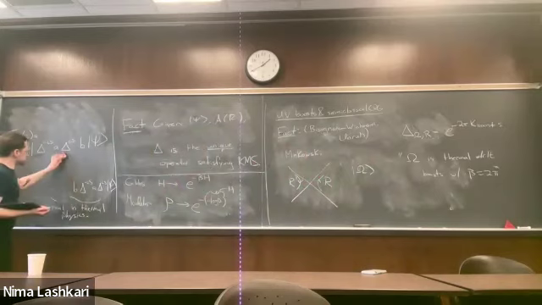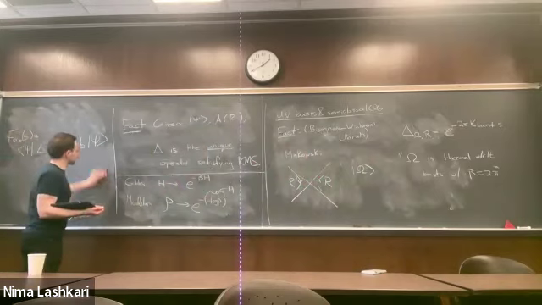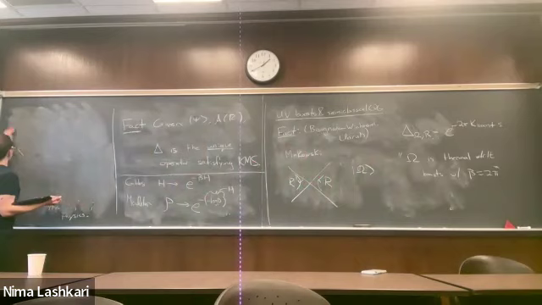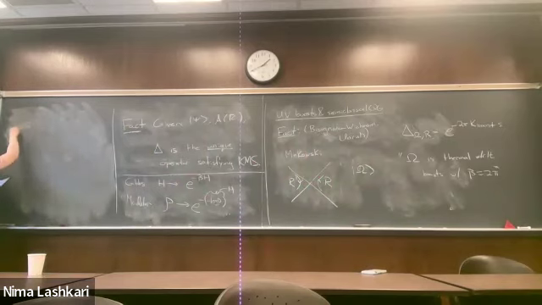So now I want to take this observation and connect it with a piece of lore in quantum field theory. So the lore is a rather imprecise statement, as all lore is.